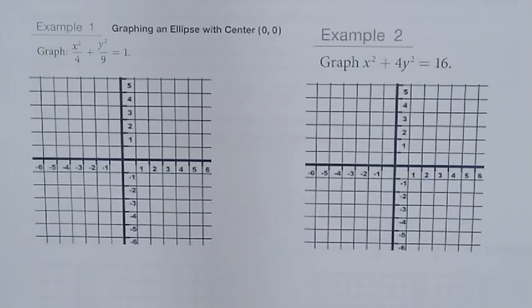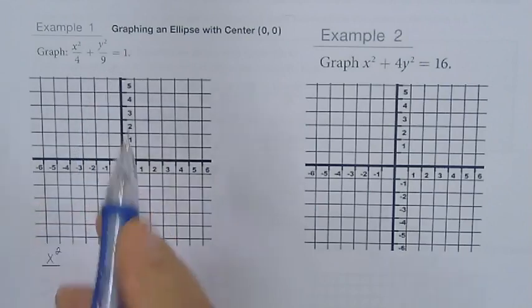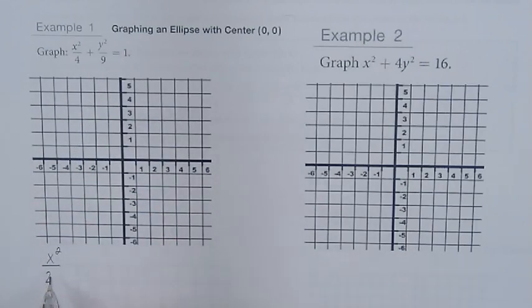Okay, let's take a look at example 1 here. So example 1, we are in what we would call our standard form. I might want to take this just a step further and say, write those A and B values as squared.